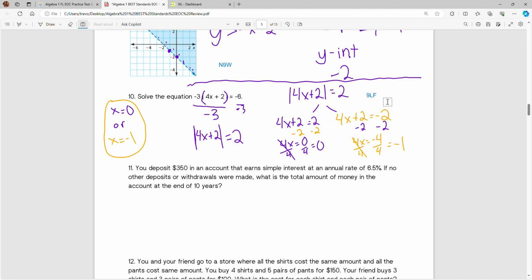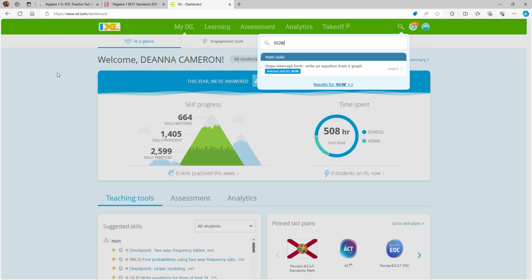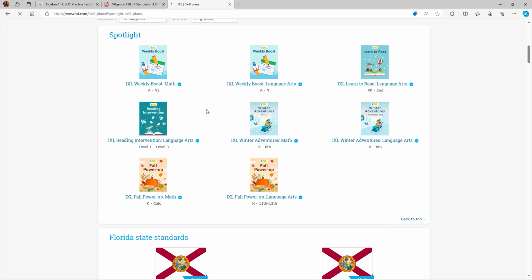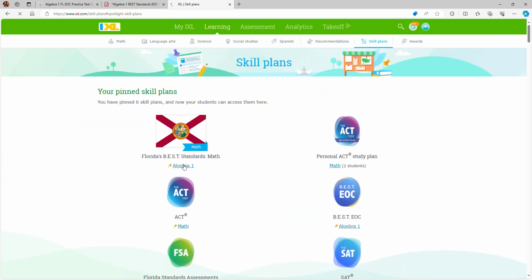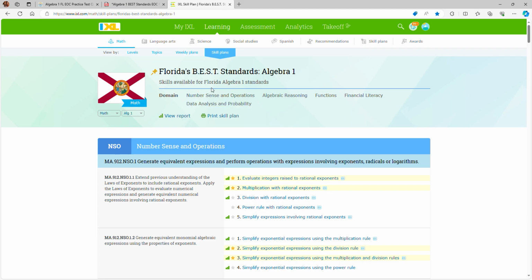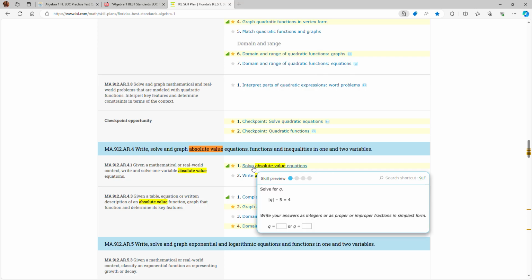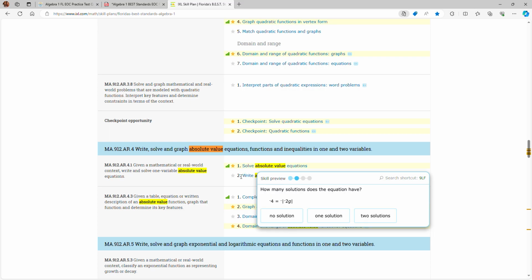If you want to pick anything else to match this, you can go to your IXL learning plan for our Algebra 1 best standards and find absolute value practice. And that's this one right here, 9LF.